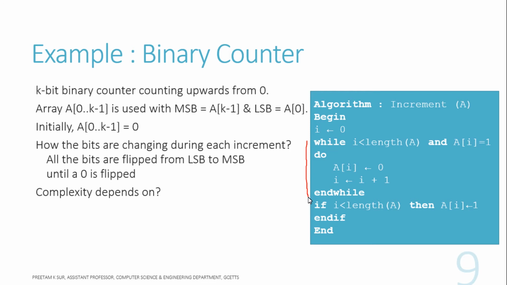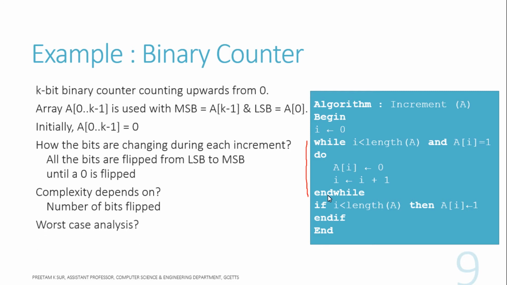It runs till the bits are flipped, so the complexity will basically depend on the number of bits flipped, right? The while loop is executed as many times as the number of bits flipped.